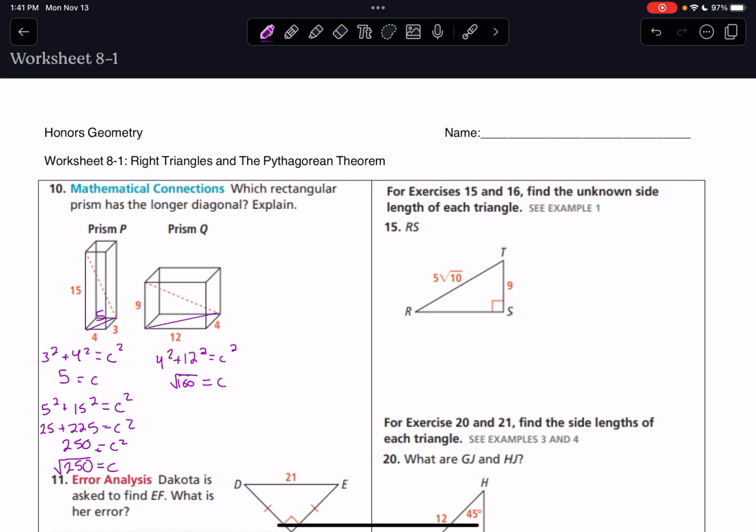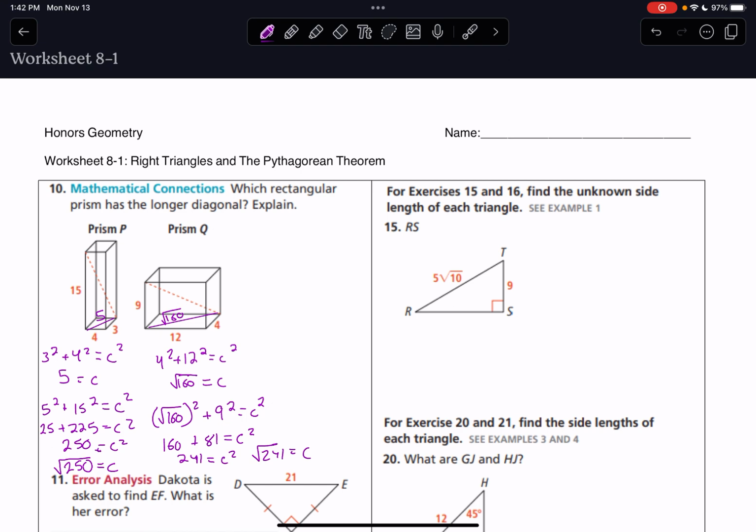Once we find that that's the square root of 160, we can use that diagonal base, the height of 9, and the dotted line to find the diagonal of prism Q. So that'll be the square root of 160 squared, remember that's not too hard, plus 9 squared equals c squared. So that's going to give us 160, the square root of 160 squared is 160, plus 81 equals c squared. That's going to be 241 equals c squared, and the square root of both sides is the square root of 241 equals c.